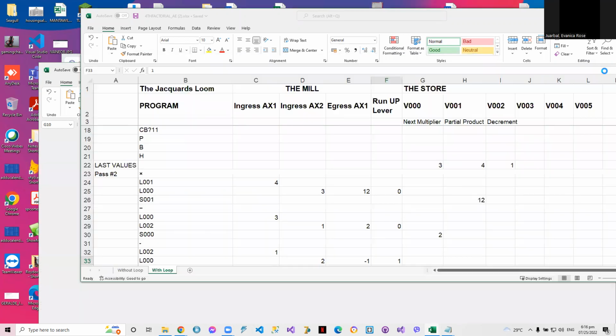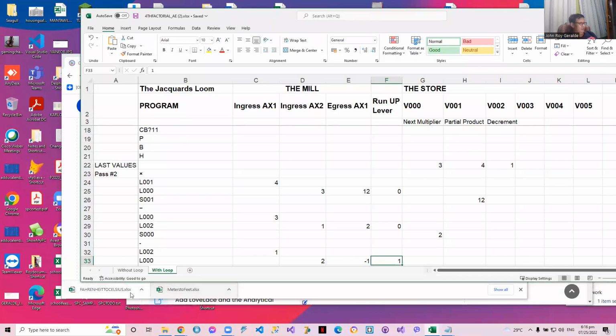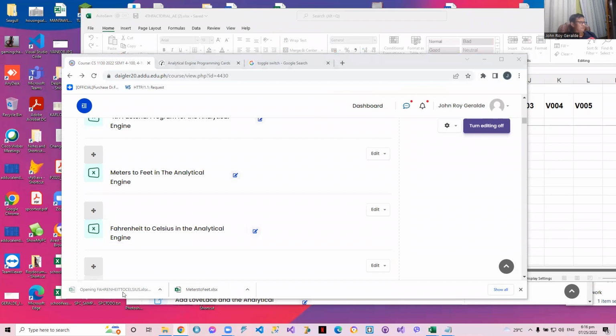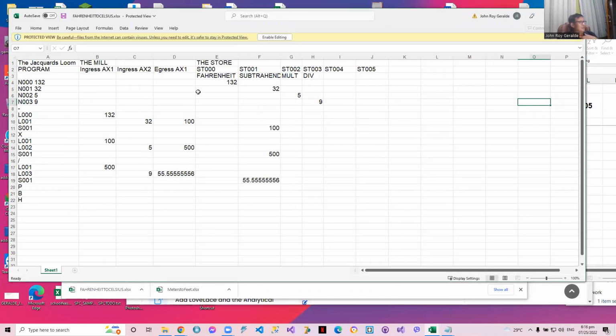How do we compute Fahrenheit to Celsius? What's the formula? Subtract 32 from degrees Fahrenheit. The result, you multiply with 5/9. Do you follow? Okay. So, for example, 132 Fahrenheit.